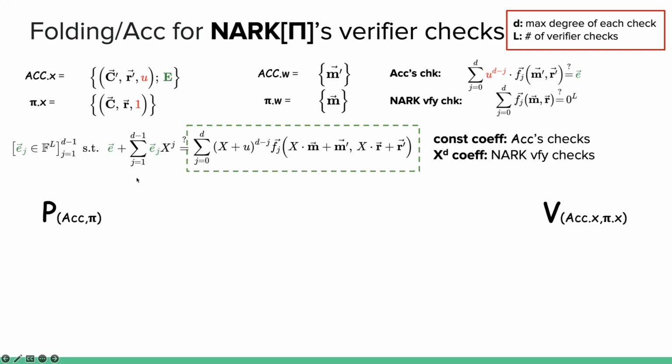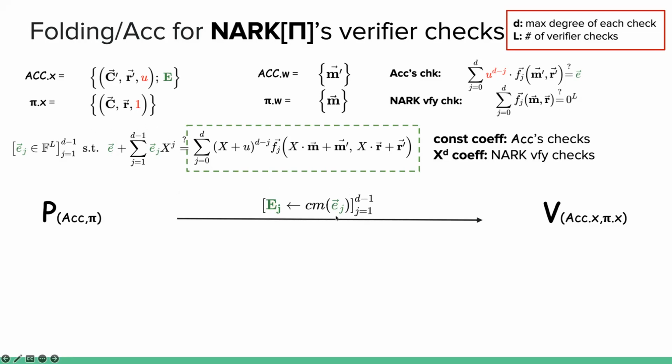Basically, you just want to prove that the polynomial equals this polynomial, which has degree d minus 1, meaning the degree d coefficient is 0, and the constant coefficient is the vector committed in the original commitments. So the prover first commits all the intermediate coefficients of this polynomial.